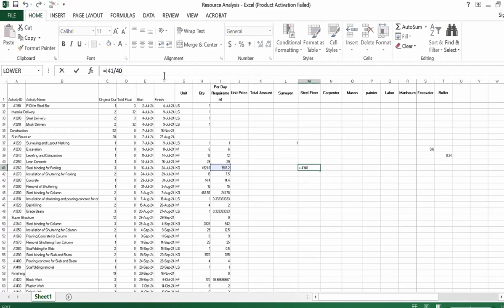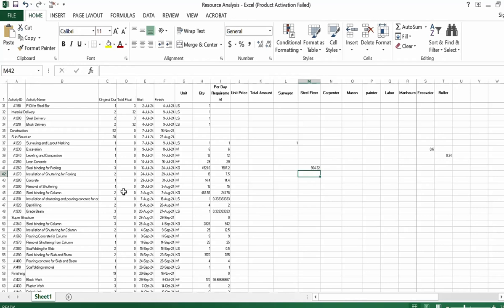We will multiply this by 8 hours, since in 1 day one mason will do 8 hours of work. Then we will multiply it by the total duration, which is 3. So it will give us the total man hours for 3 days to complete this activity.